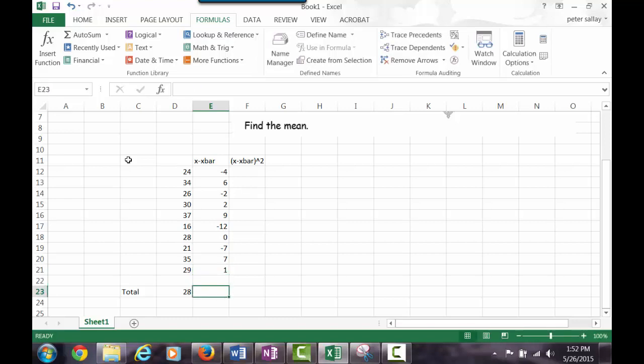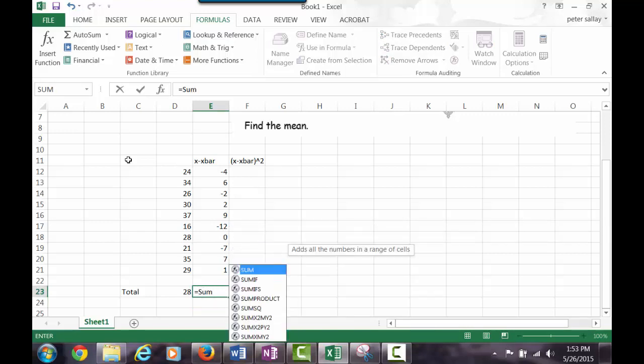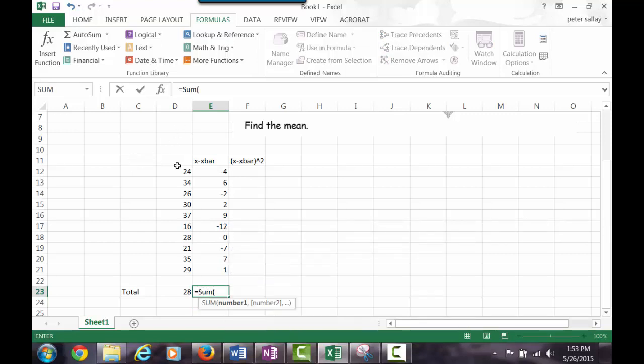Okay. Now, I want to sum this. So I'm going to add up all these numbers, and I just want to show you a slight problem that happens when I add all these numbers up. I get 0. So here's sort of the concern that we have.